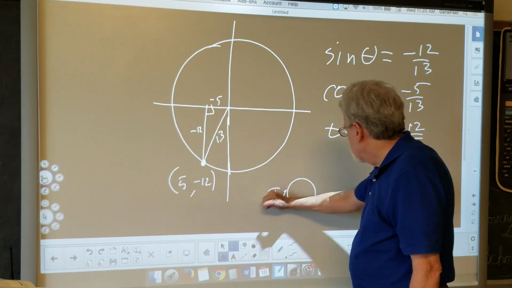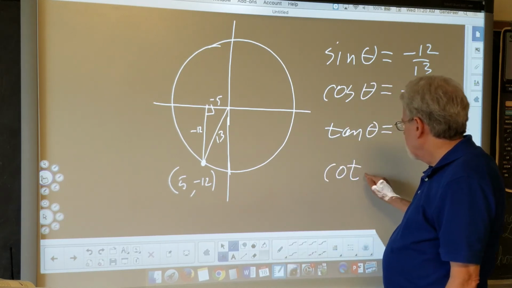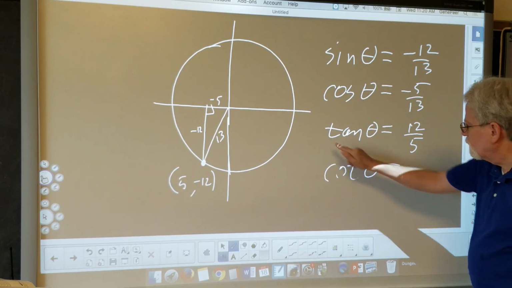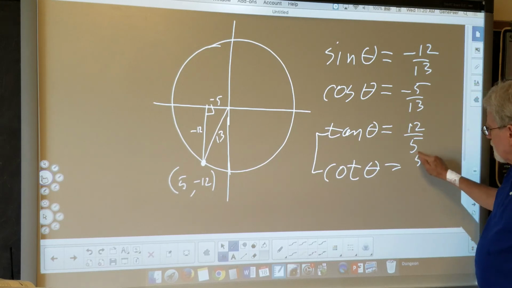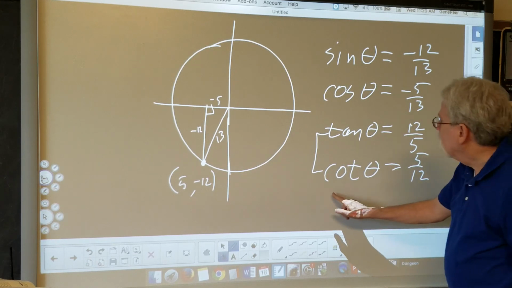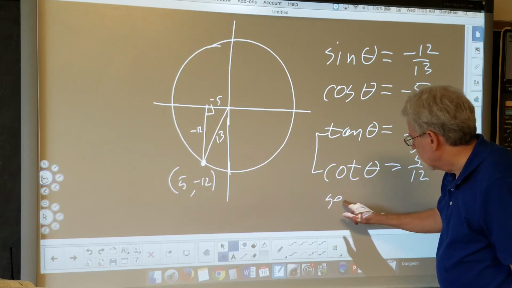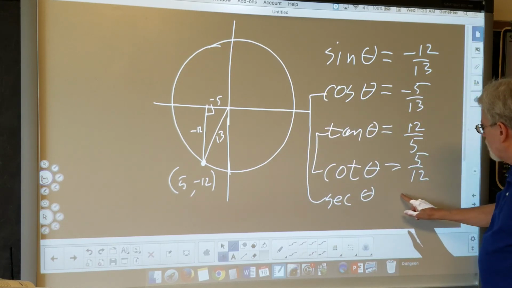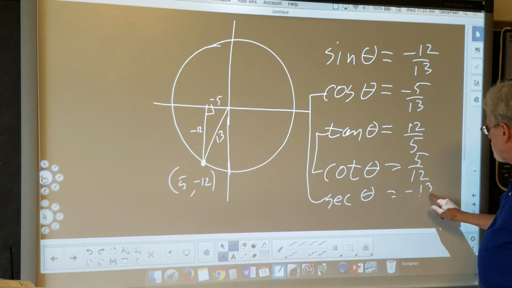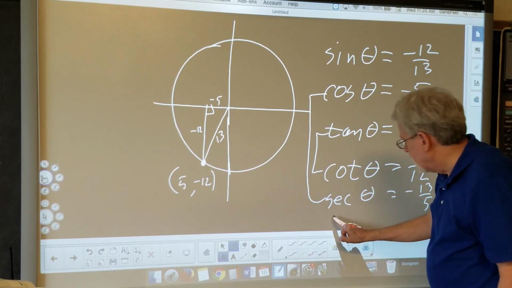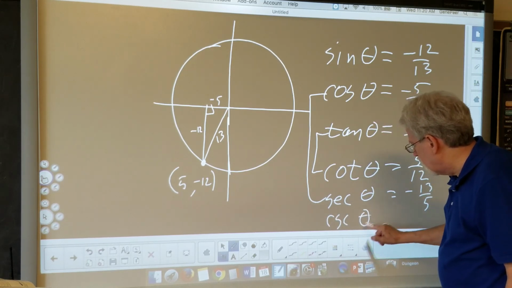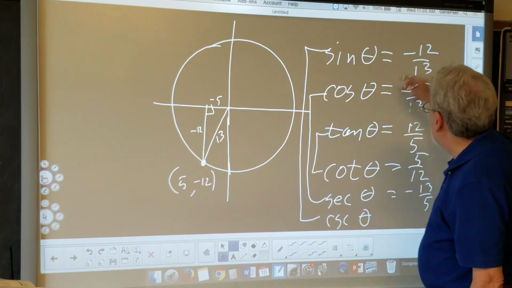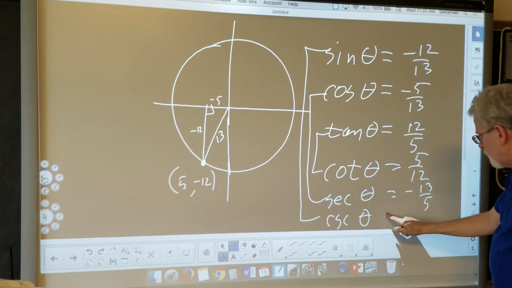And then the cotangent, these are easy, because the cotangent is just the reciprocal of tangent, 5 twelfths. The secant is simply the reciprocal of cosine, which is going to be negative 13 over 5. And finally, the cosecant of theta will be the reciprocal of sine, which is negative 13 twelfths.